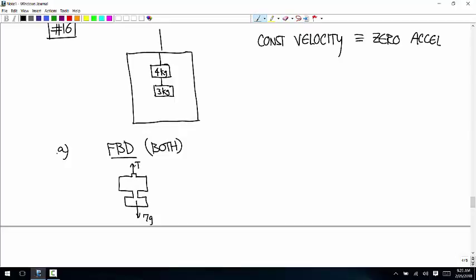I'll call that T. Because if I isolated just the 4 kilogram, we would have a weight force, and then we'd have T1 like this, and T2 like this, and we'd have a single equation with 2 unknowns, and we wouldn't be able to solve it.